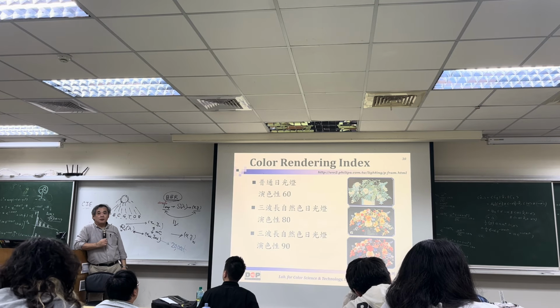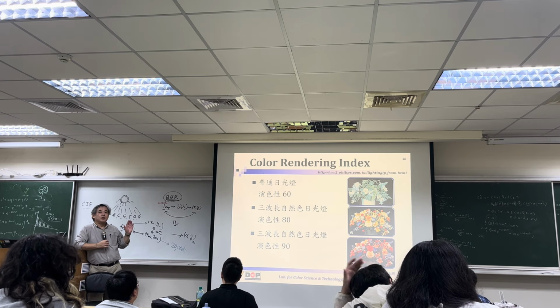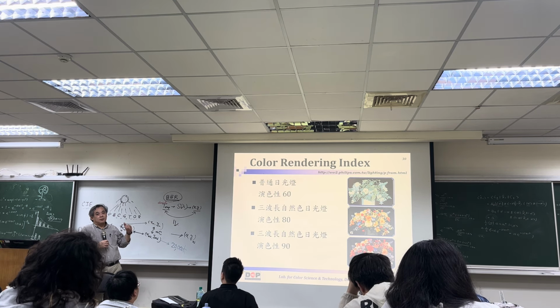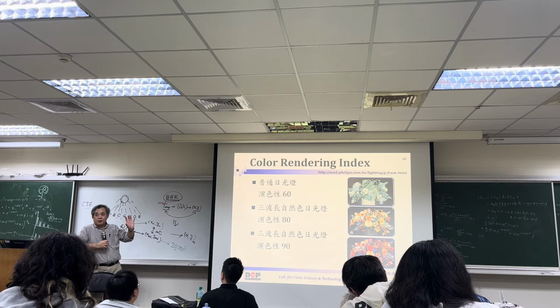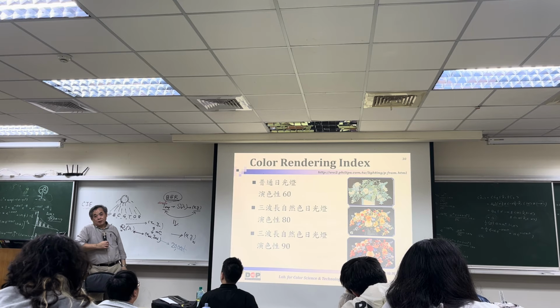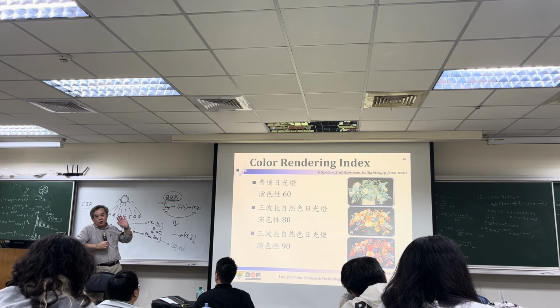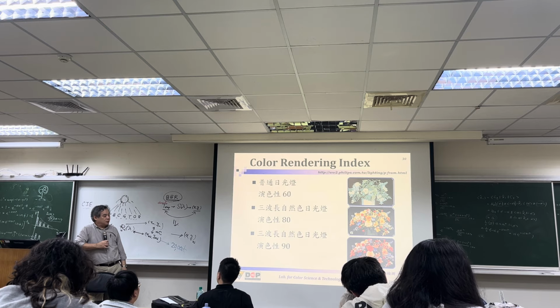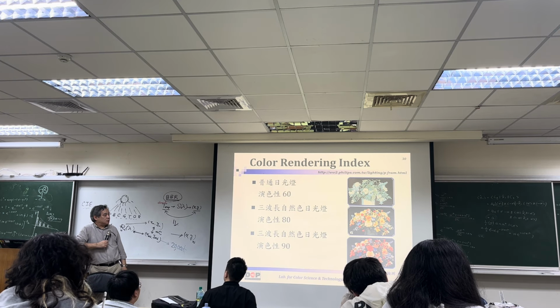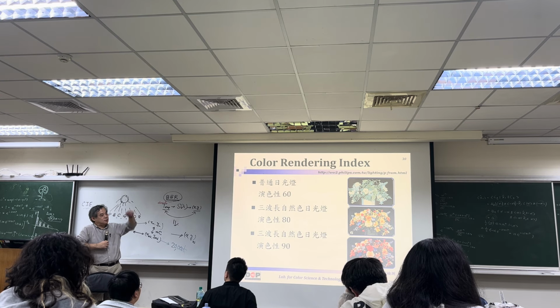So usually in the living room we will have higher lumens and a high CCT, higher than 4,000K, and maybe 3 to 5,000 lumens at this distance.